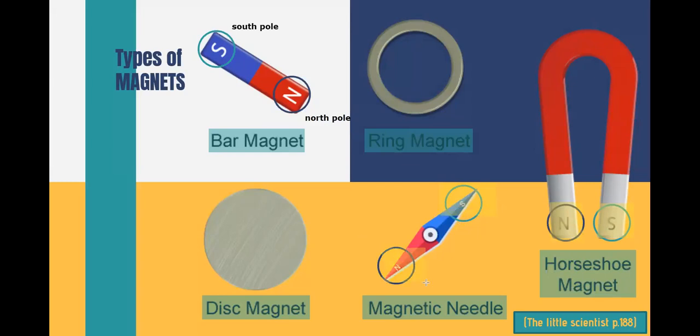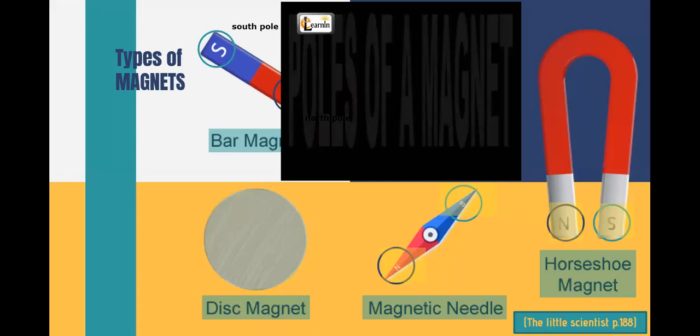Why did we give names to magnet poles? It's to make it easier for us to talk about magnets, since the force of a magnet is stronger on the poles. Look at this.